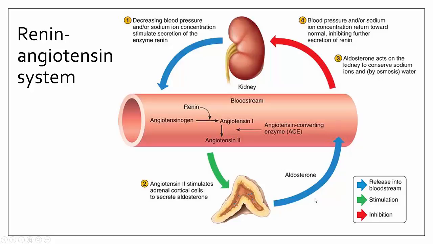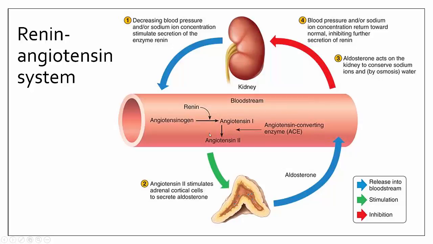Aldosterone is released into the bloodstream. It acts on the kidney to conserve sodium, and if you're conserving sodium, you're also conserving water, because that just happens with osmosis. Then your blood pressure and your sodium ion concentration return towards normal and inhibit further secretion of renin. So it starts in the kidney with the secretion of renin.